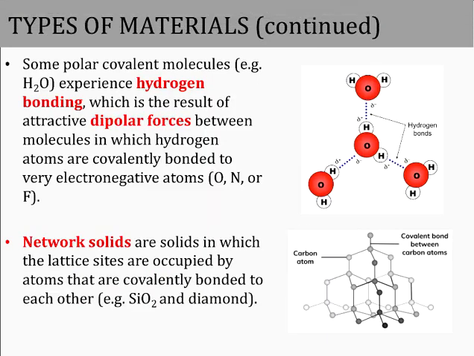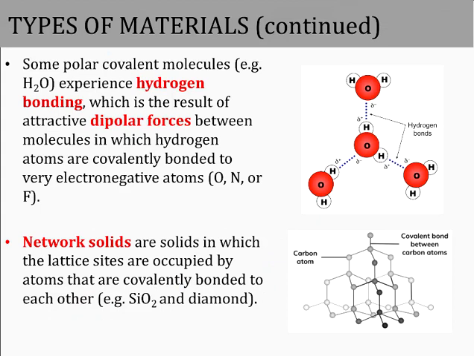Now, some polar molecules, such as water, experience what's called hydrogen bonding. And this is the result of attractive dipolar forces between molecules in which hydrogen atoms are covalently bonded to very electronegative atoms. So those very electronegative atoms are oxygen, nitrogen, or fluorine.